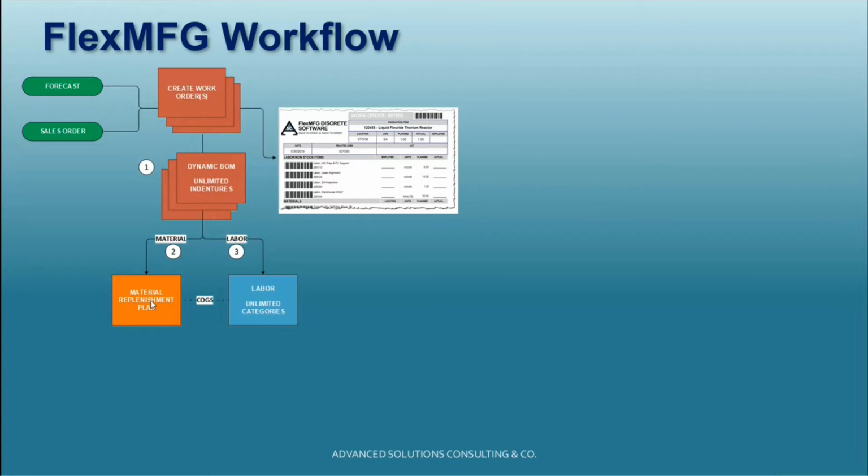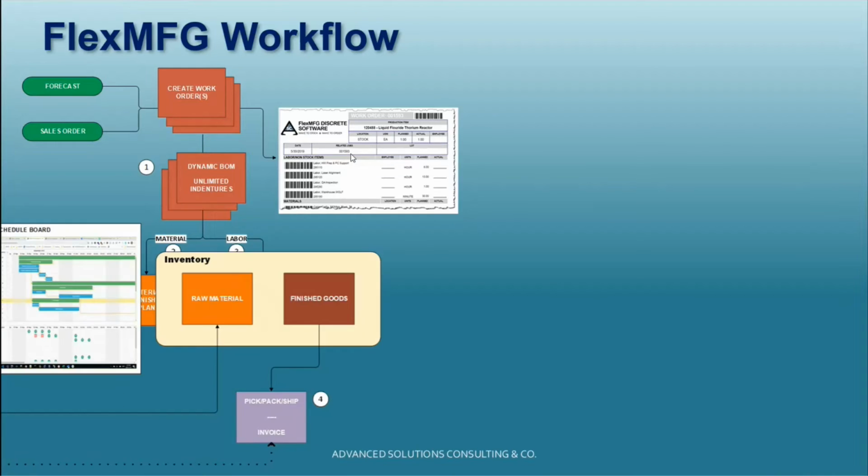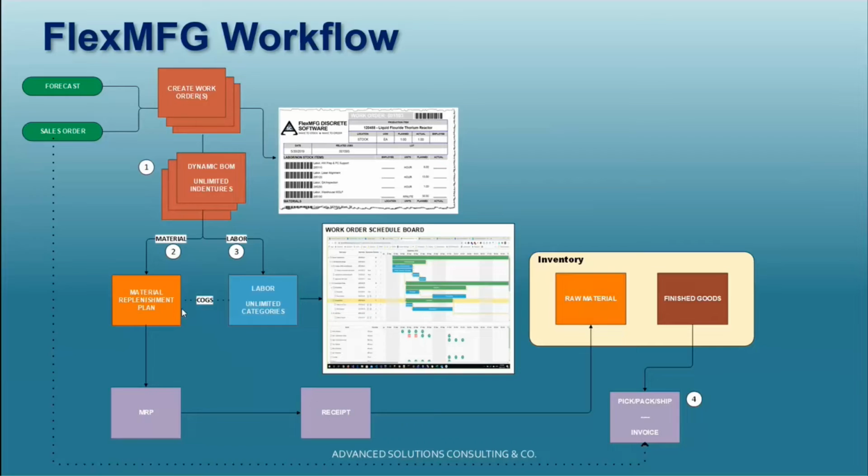We have a material requirements plan, and we have the labor associated with this bill of material that gets put onto the work order that provides instructions to go build things. We then can run MRP to make sure we've got the product as I previously described. We can receipt those items into inventory and then go build the thing.